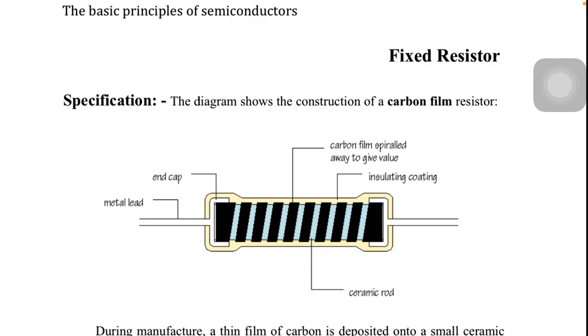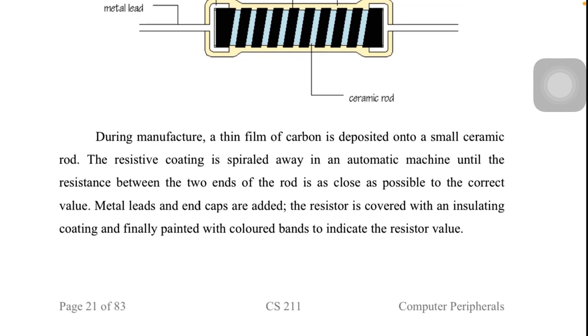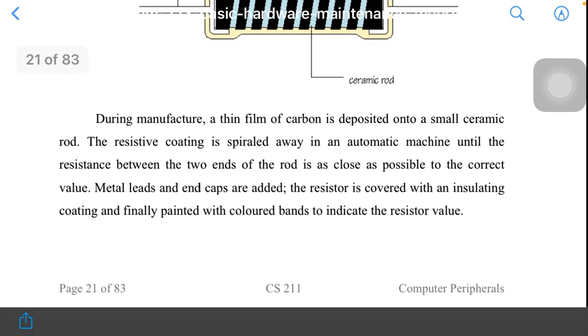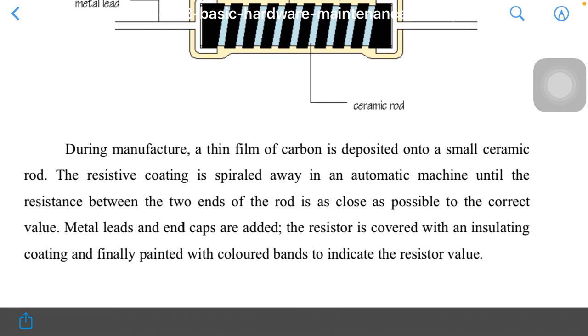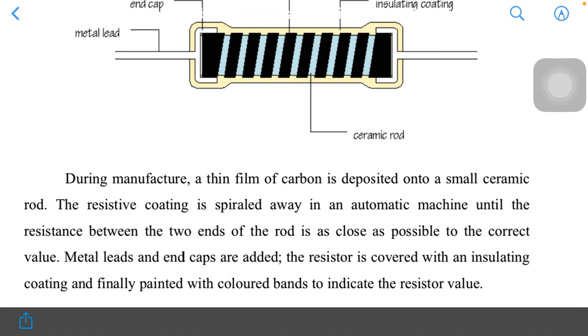Right? Now, this is a diagram of a resistor, and if you read the text, it said during manufacture, a thin film of carbon is deposited onto a small ceramic. Okay, look at the picture. A thin film of carbon deposited on a small ceramic rod.